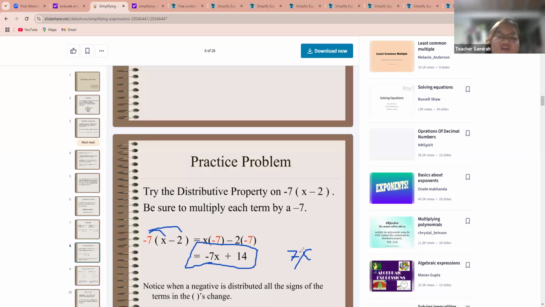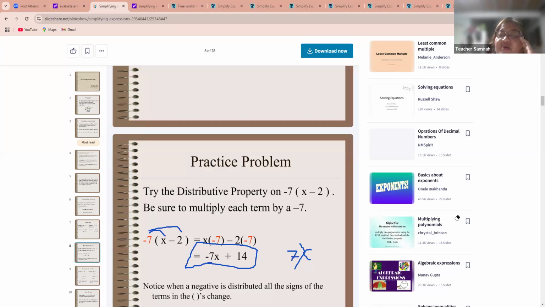Can I combine these two? It is negative 7 and positive 14, so it is positive 7x. Can I do that, and will that become my final answer? Yes. Are you sure? Yes.